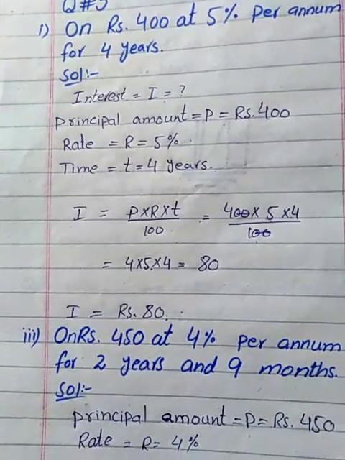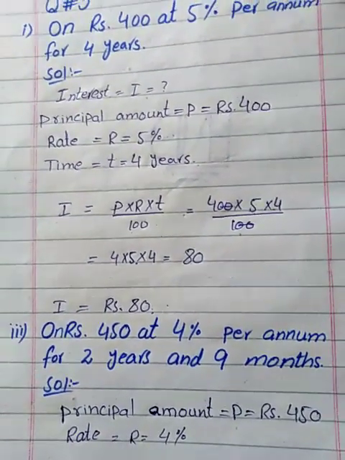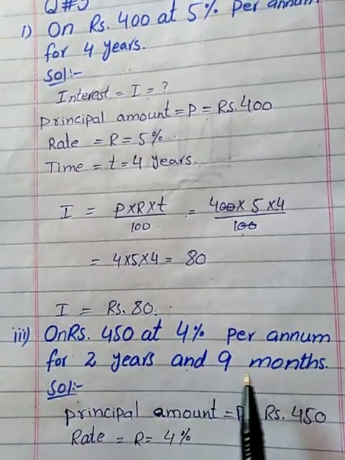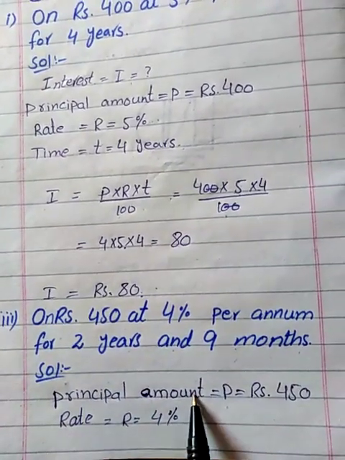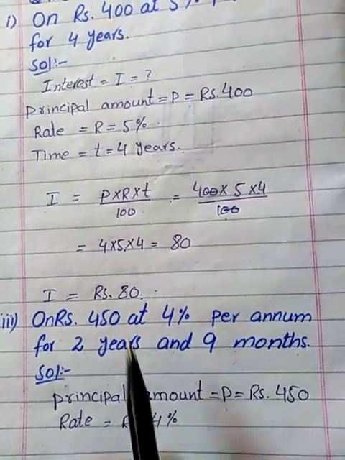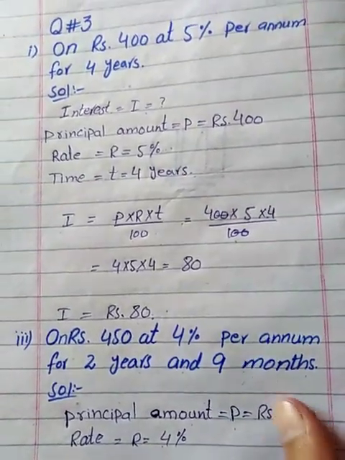Next one is on rupees 450 at 4% per annum for 2 years and 9 months. And the principal amount is equal to P, which is equal to rupees 450. Rate is equal to R, which is equal to 4%.